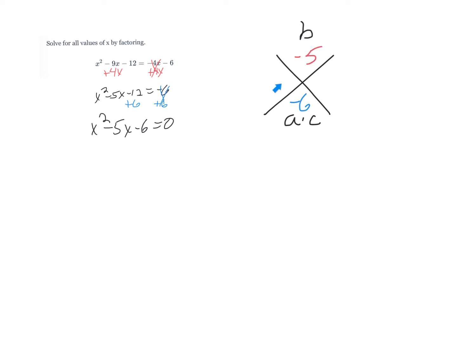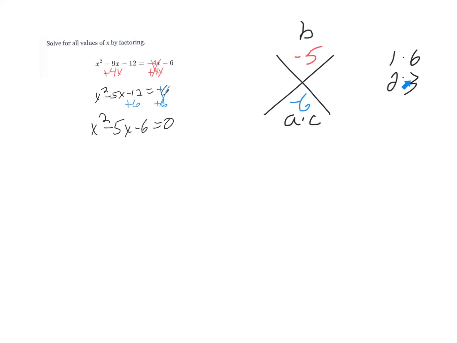Now, again, you'll see some videos where this is done differently, where the a times c is at the top and the b is down at the bottom. It doesn't matter. What you have to remember is we're multiplying a times c, and we're finding the factors of that product that equal a sum of negative 5. So when you think of the factors of 6, you think of 1 times 6 and 2 times 3.